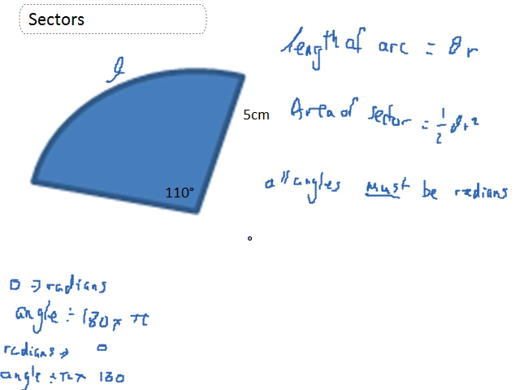Okay, so the first thing I need to do with my circle is turn 110 degrees into radians.